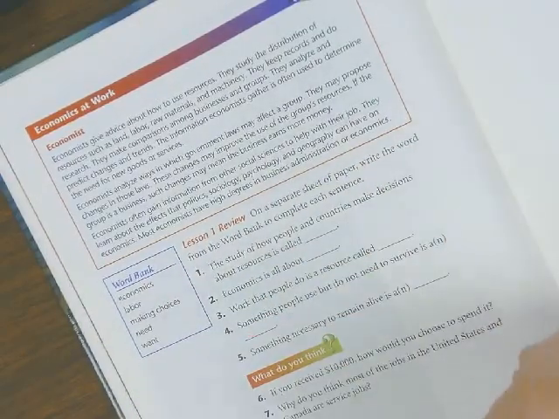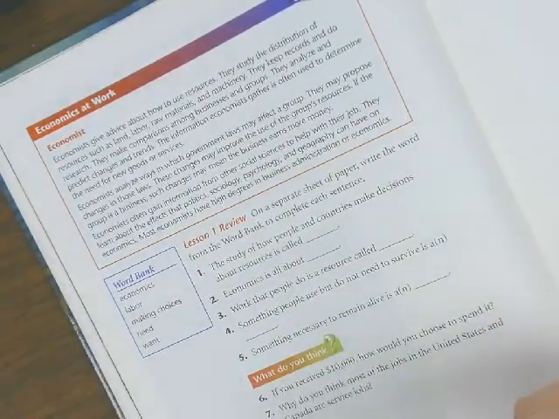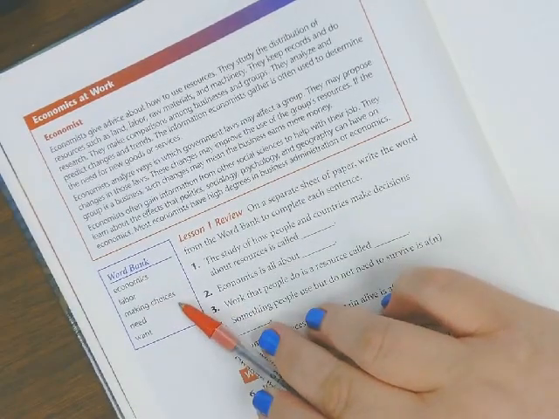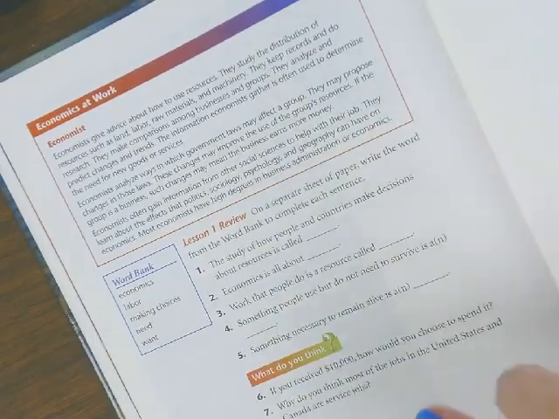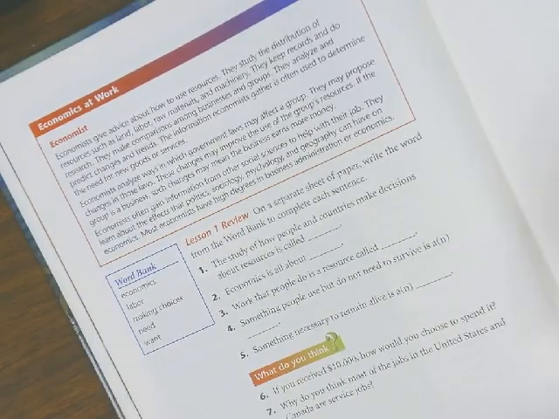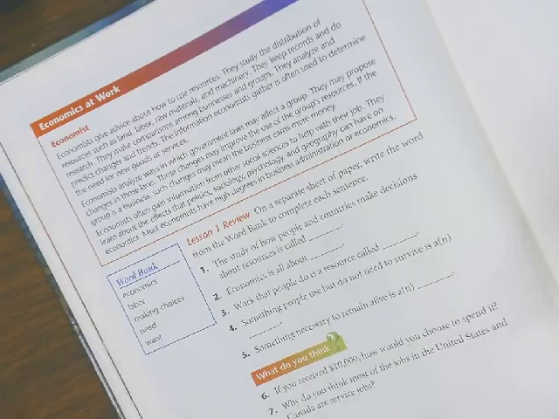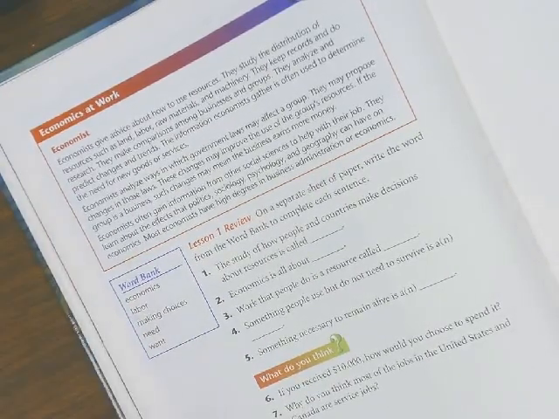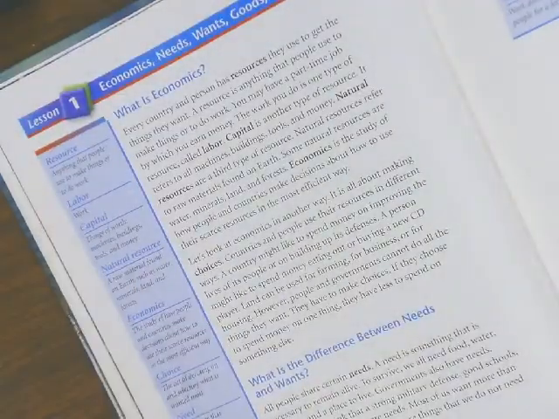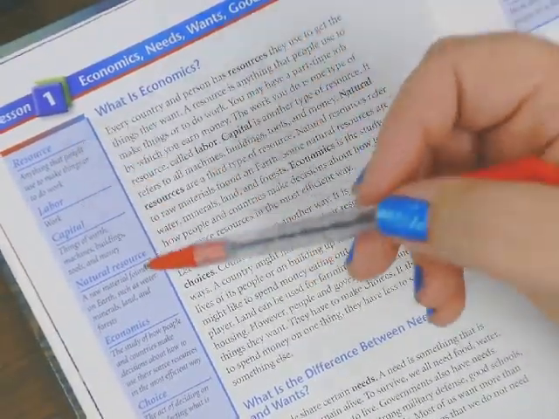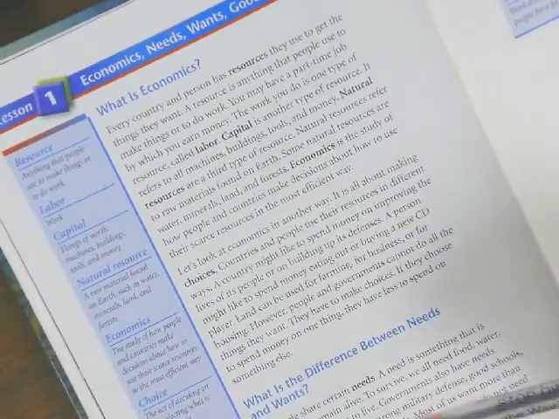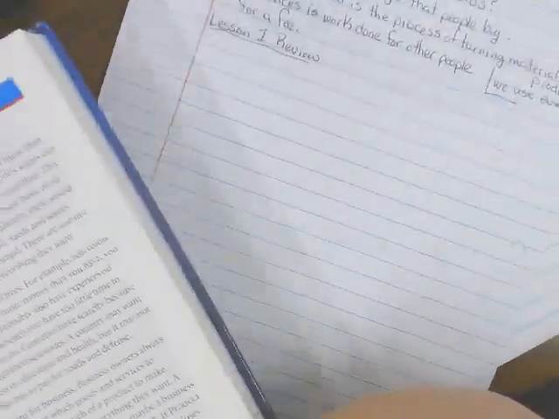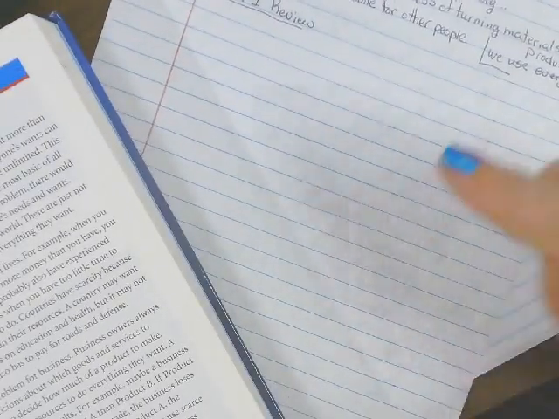These are words we've heard, right? They're in your vocabulary. I see labor, I see economics, I see choice. So your next step, lesson 1, just answer number 1.